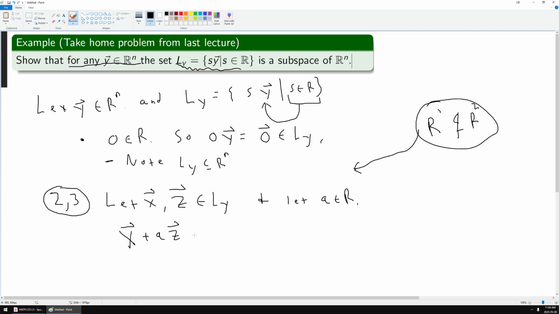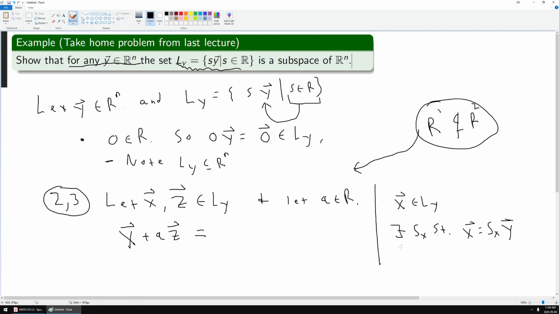Okay, so now we have to ask ourselves, what do we know about x, what do we know about z? Well, I know x is in the set Ly. Since x is in here, we know there exists a scalar, I'll call it Sx, such that x is equal to Sx times the vector y.